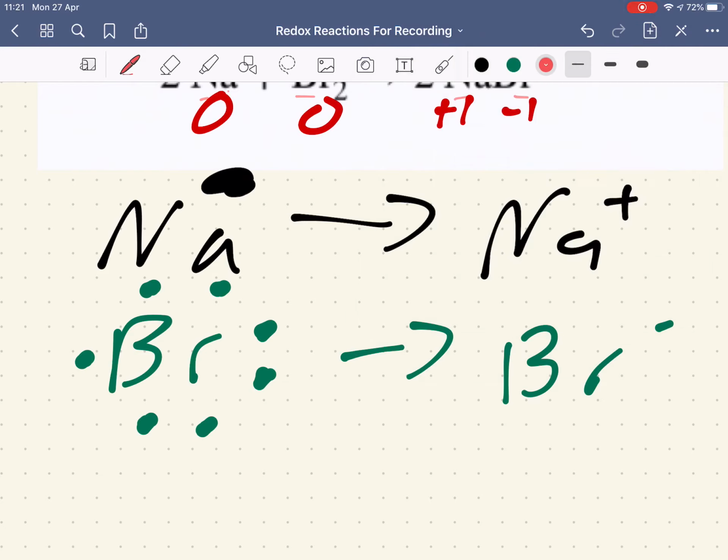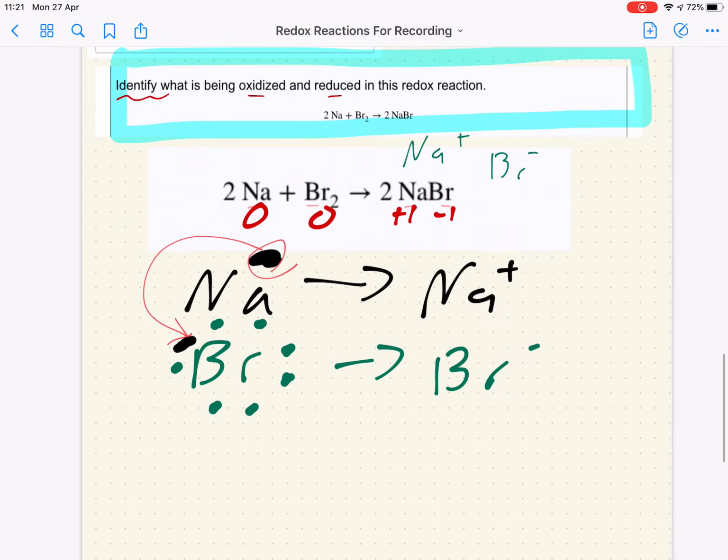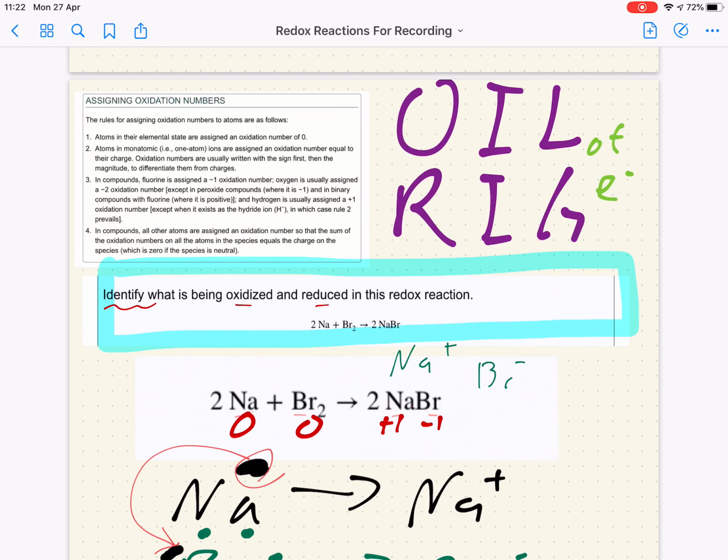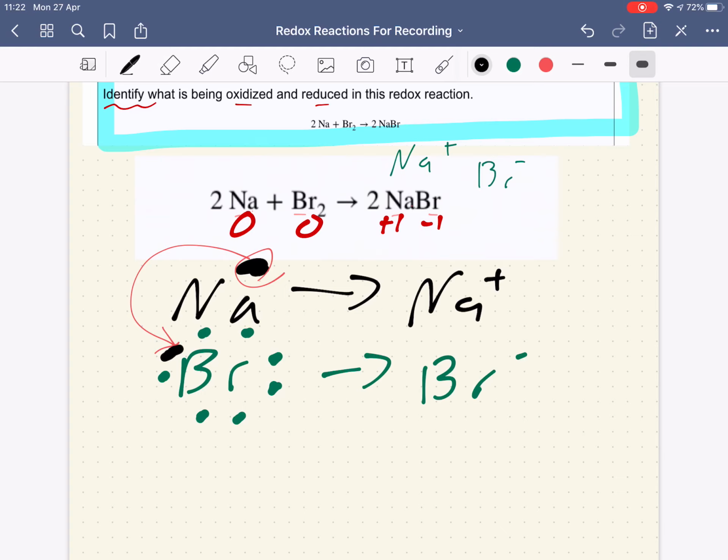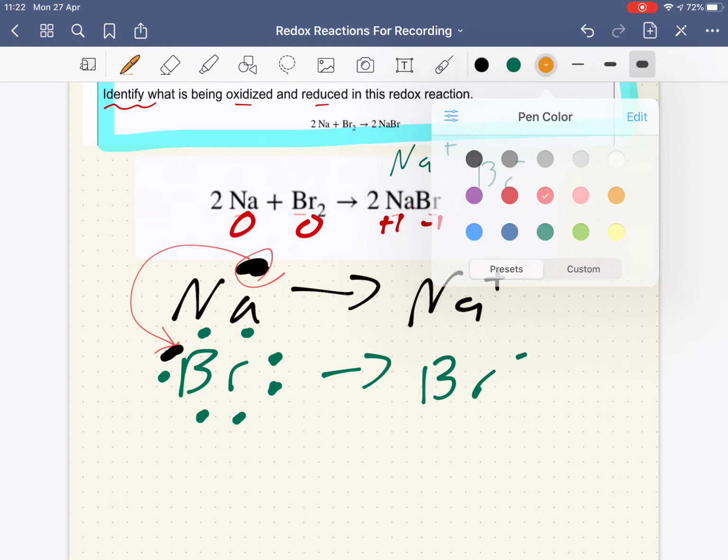This is coming over here and filling in that spot with an electron. The electron transfer, right? So sodium is losing an electron. Bromine is gaining an electron. Which one is gain? Reduction.